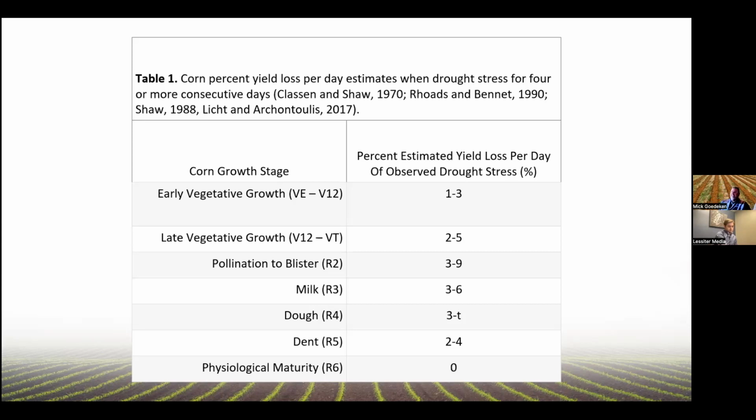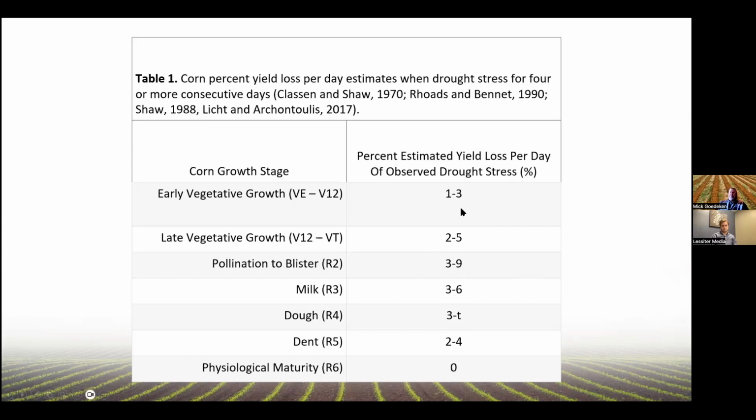But when we look at the most effect on yield, it's pollination and to blister, but we can also see it in the milk and dough stages. If you think about the percent estimated yield loss per day of observed drought stress, and where you're at today in the Corn Belt, we can really strictly limit our yields.